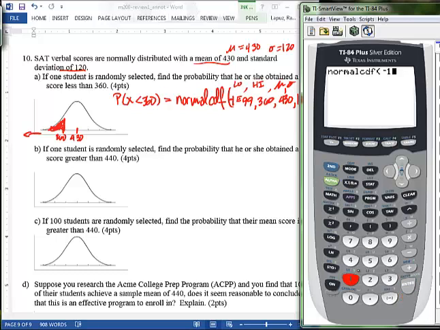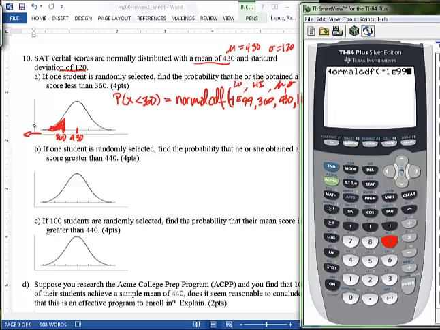And then 1, and then the E is not this E for Euler's constant 2.71. That's not what we want. We want this E that represents the power, or 10 to the power. That would be a second function, the comma. That gives us that E, and then 99. So what we have here is essentially 1 with 99 zeros that's negative.